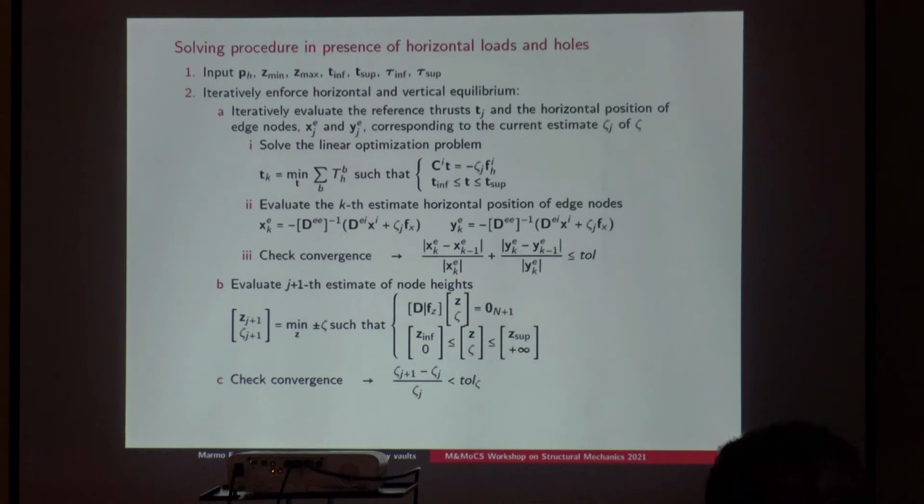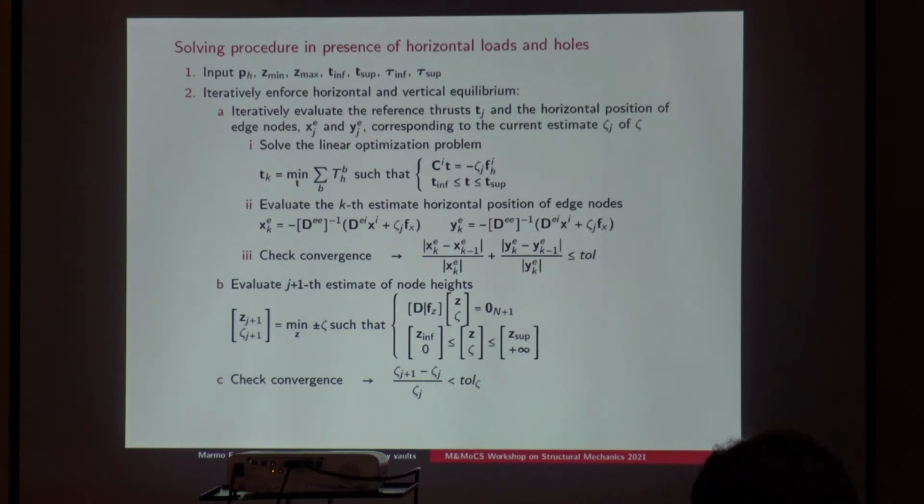So we input the known values, which are the horizontal position of nodes, the limits for the vertical position of nodes, limits for the thrust values in branches, and limits for the thrust membrane forces. Then we iteratively solve that set of equations.